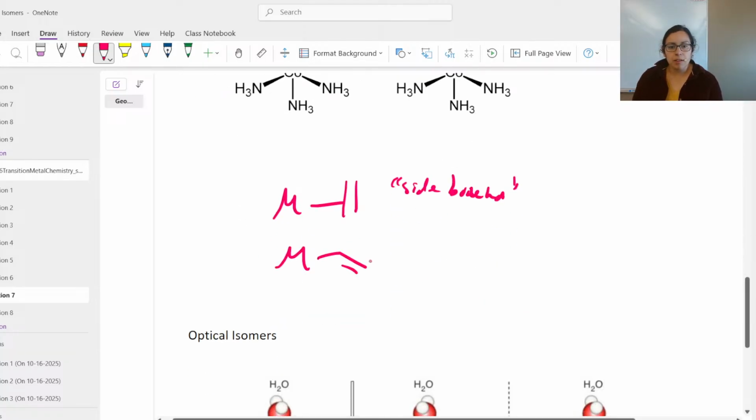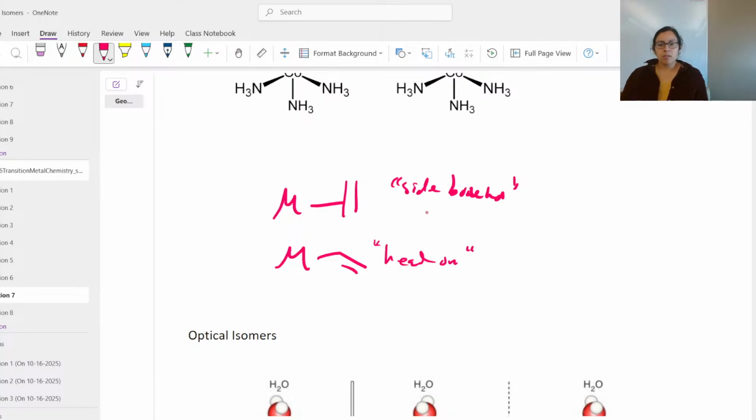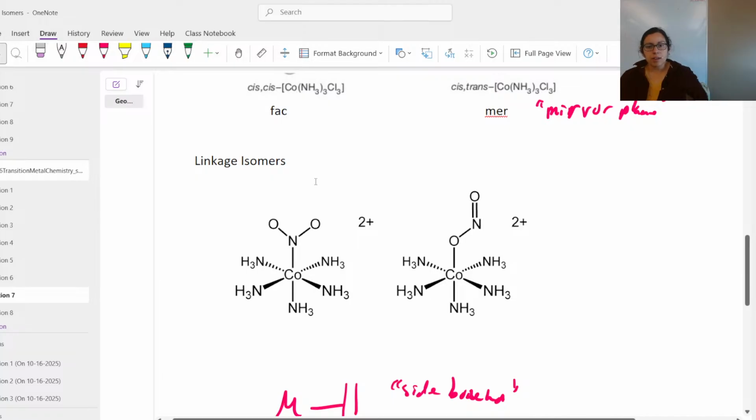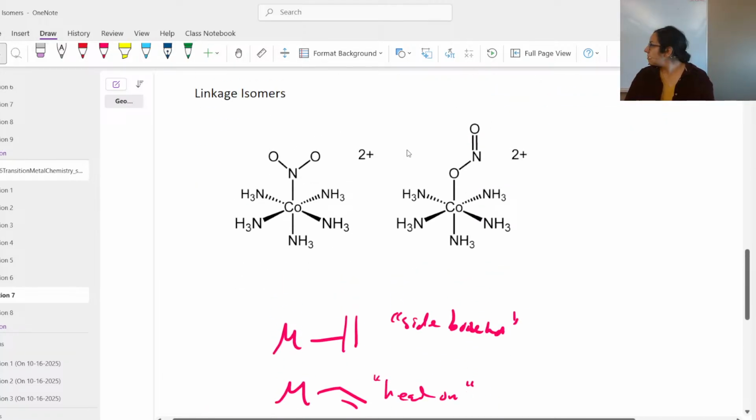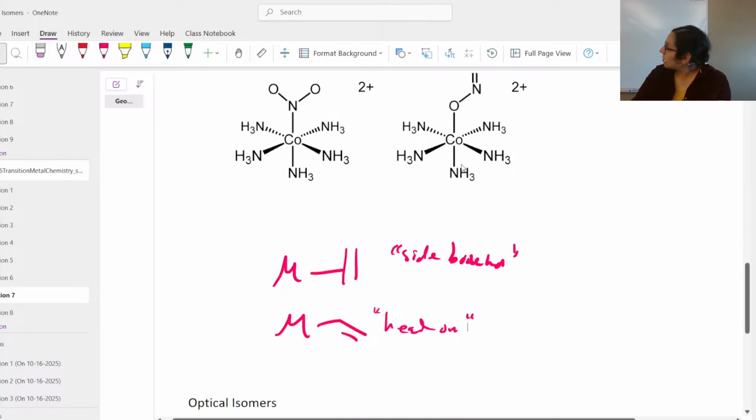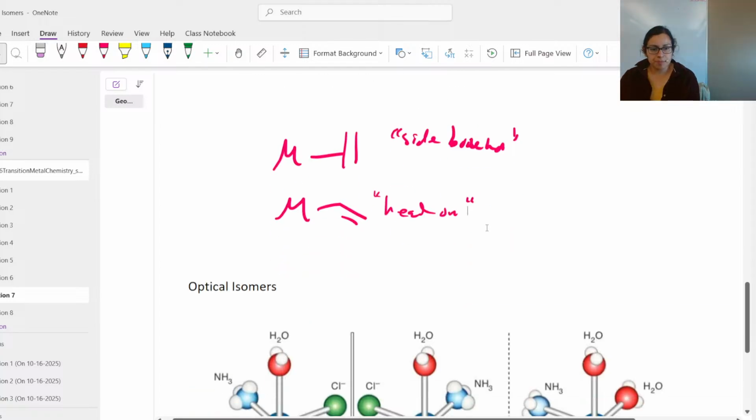Or it could bind directly to the metal. I'll just call this head on. So those would be examples of linkage isomers. And again, you could see other common things. I'm surprised the nitrogen couldn't also do side bound. Maybe it could in another compound.